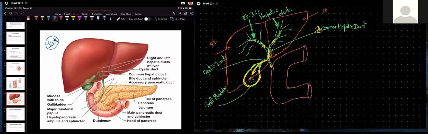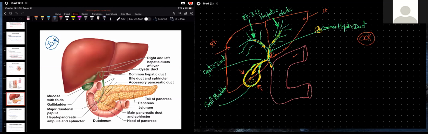So as I get a signal, which is a hormone that gets released from the gut, called cholecystokinin or CCK, this cholecystokinin is going to stimulate the gallbladder to contract, telling the gallbladder, yeah, we've got food arriving to the small intestine, to the duodenum.